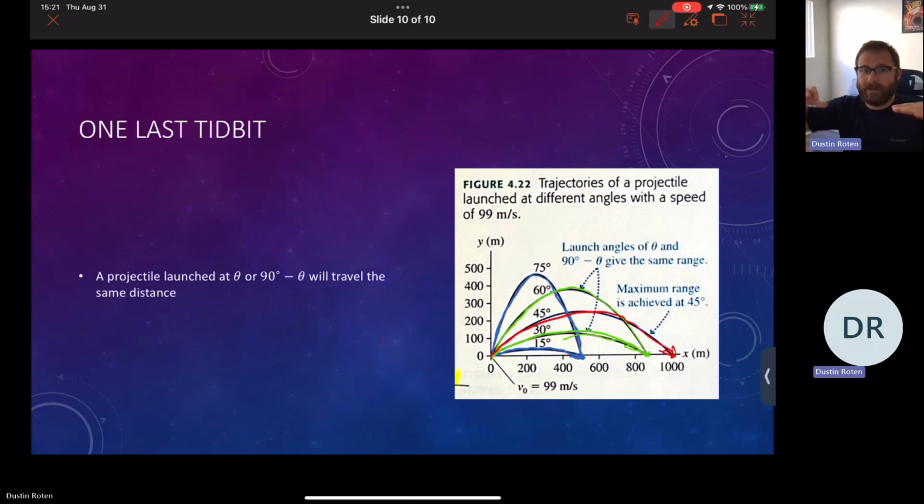Now, what's really weird is if you start on a platform, or like the car problem where your initial position is higher or lower than your final, it's not always 45 degrees that gives you your maximum distance. So that's just something to keep in mind if you're trying to be clever on a homework problem or something.